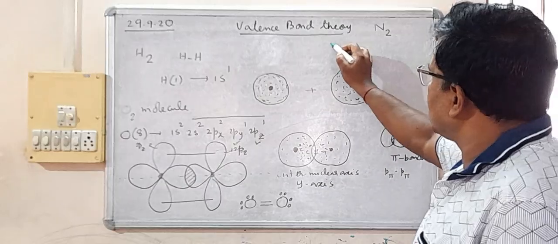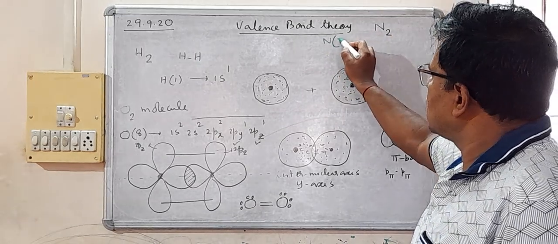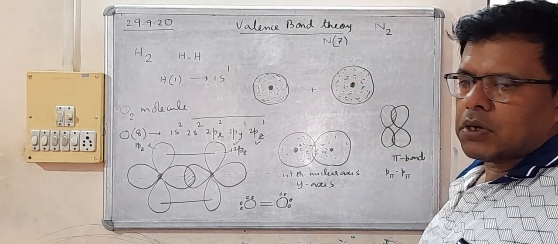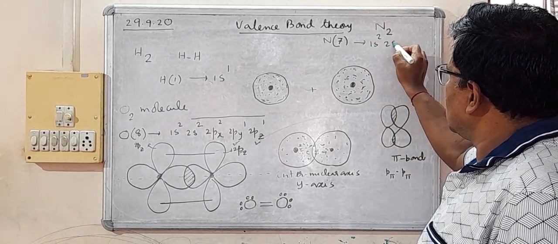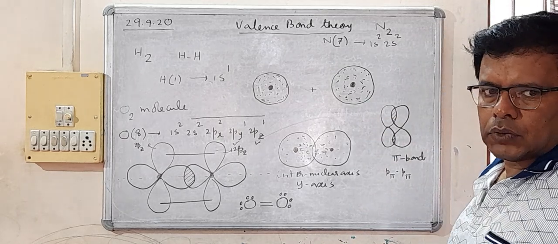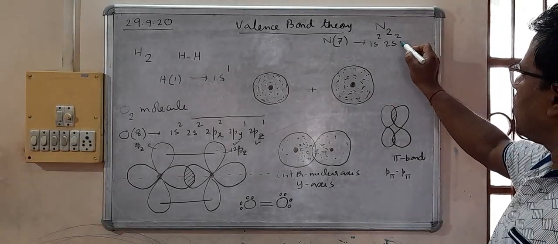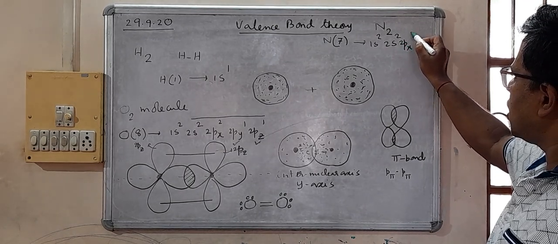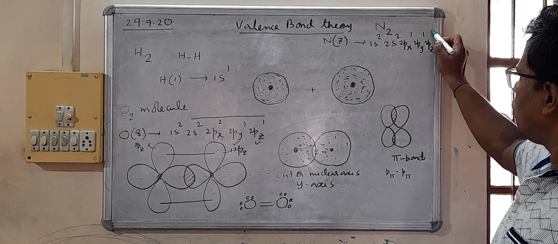So first of all, let us write the electronic configuration of nitrogen. Nitrogen has atomic number 7, so its configuration will be 1s2, 2s2, and according to Hund's rule of maximum multiplicity it will be 2px1, 2py1 and 2pz1.